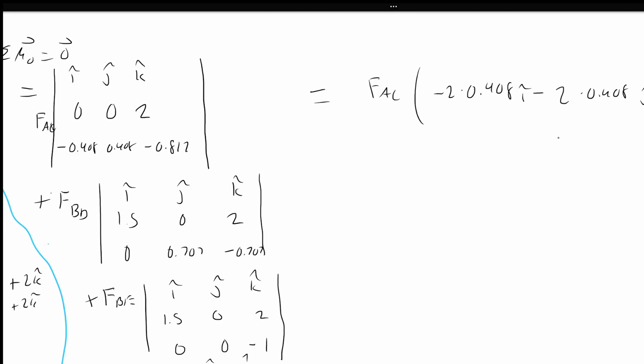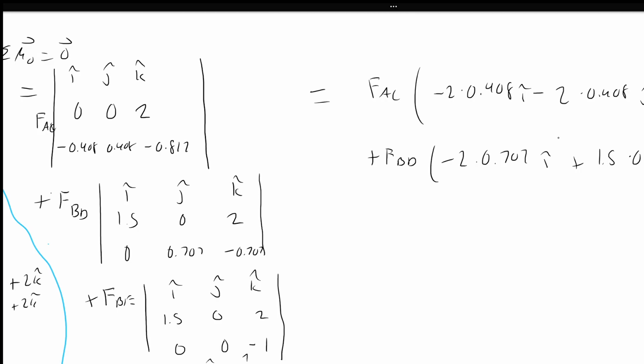Okay, plus FBD. So the I here is going to be minus 2 times 0.707. The J is minus 1.5, I believe. Or it'll be plus, because this is a minus sign, and we're going to flip it because it's J. So plus 1.5 times 0.707 J, and then the K is also times 0.707, right?